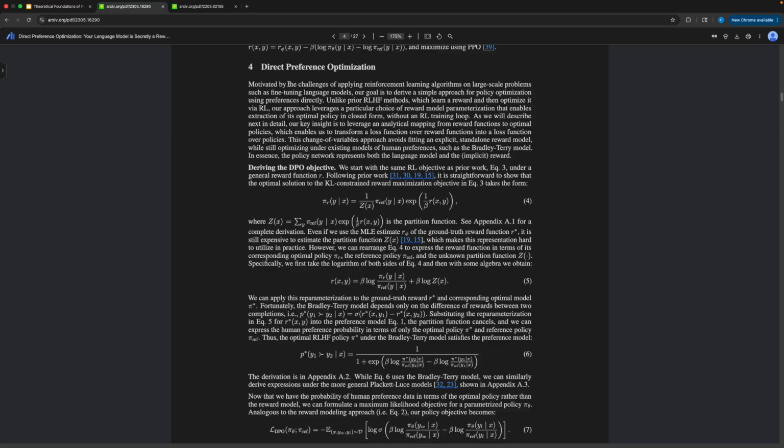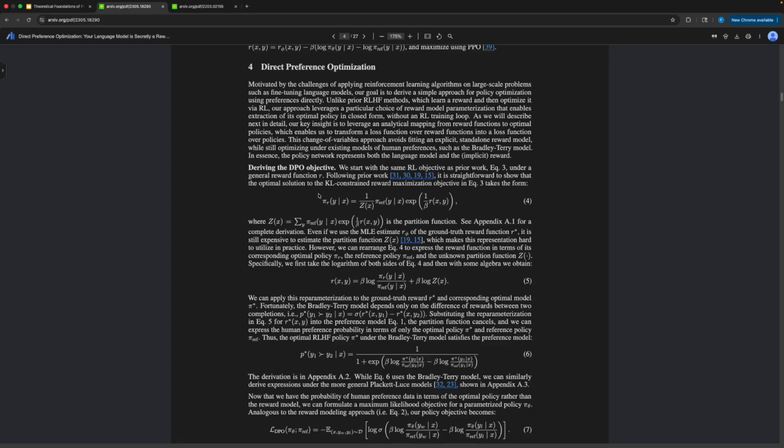So the main idea of DPO, or direct preference optimization, is to first write your optimal policy after the RL stage, which is the policy that maximizes your rewards from your reward model while also being KL constrained, in terms of your reward model.